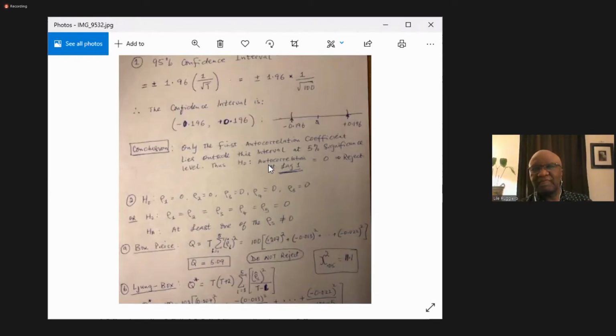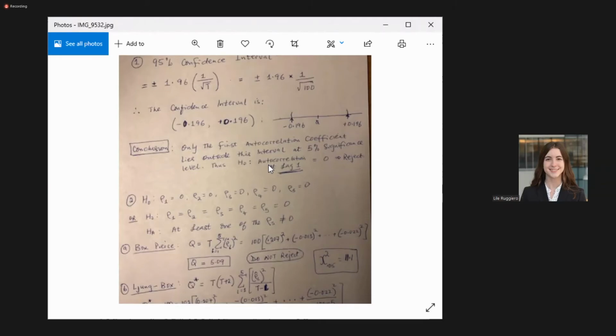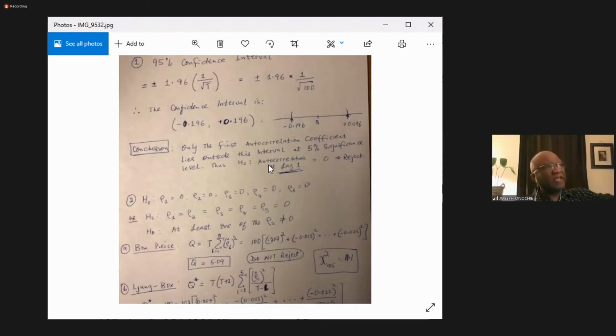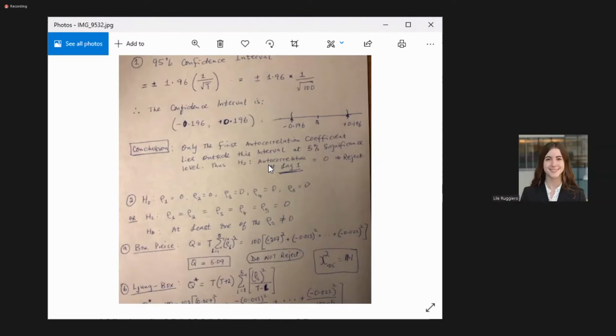That it's equal to 0. It says H0, that autocorrelation at that specific lag is equal to 0. But because it falls outside of the interval, I'm going to reject that statement that says it's equal to 0. Yes? Okay, so reject that statement.